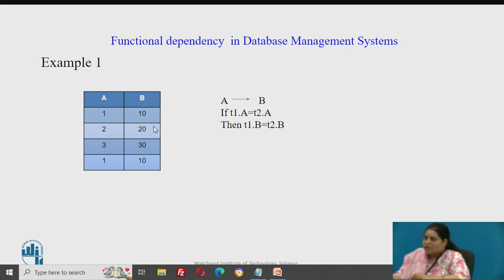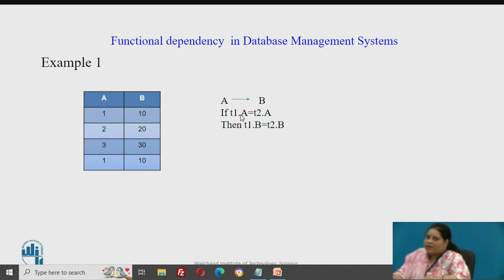The rule for defining functional dependency is: if T1.A is equal to T2.A, that means, T1 is a tuple, and the next tuple is T2, whose A is 1. Here B has the same value, 10.